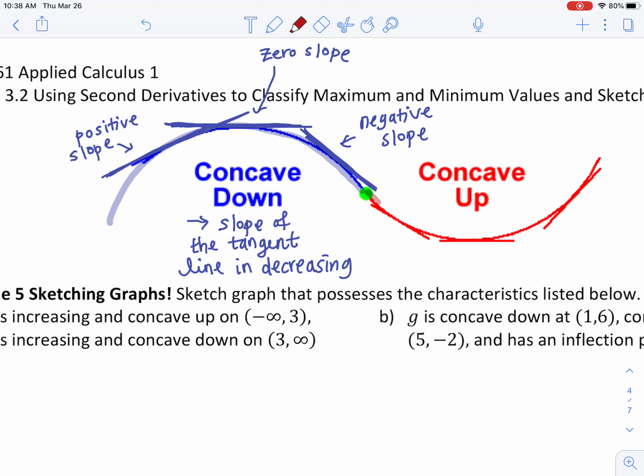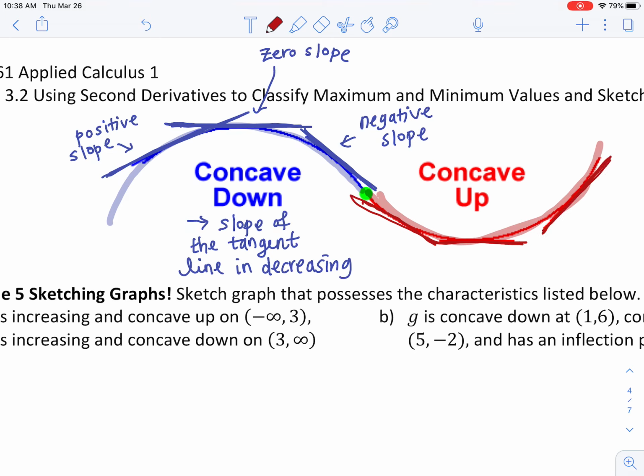Now let's look at the concave up case. When you get a positive second derivative, the graph looks, for me, like a smiling face. If you try to draw your tangent lines, notice this tangent line right there is below this curve, and that one too.